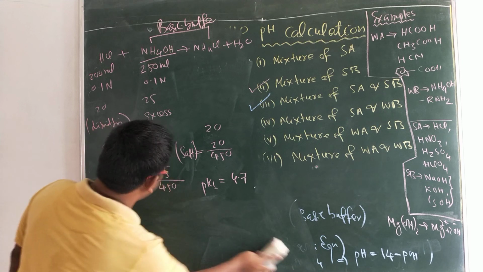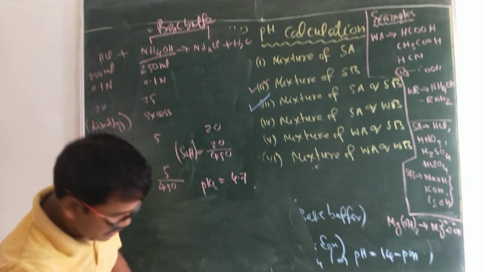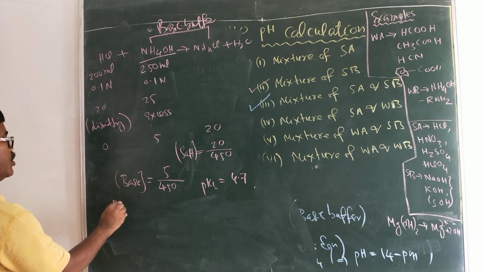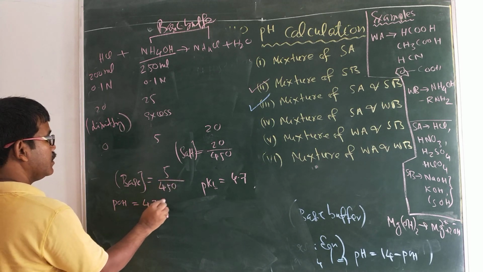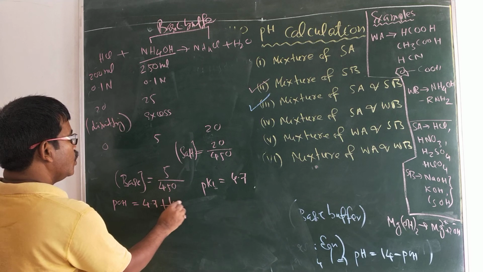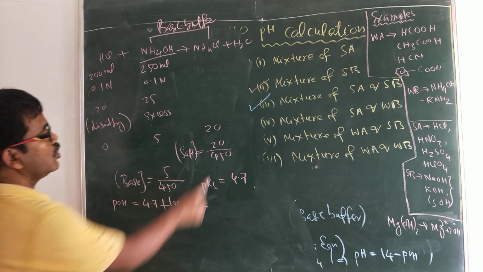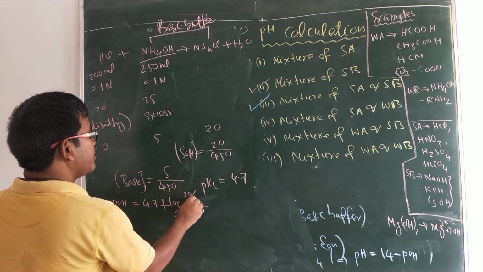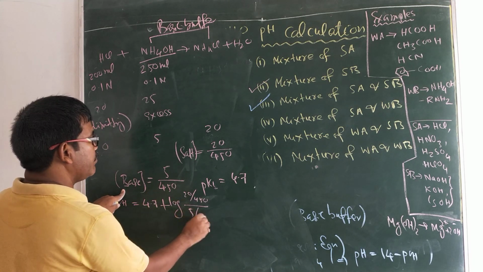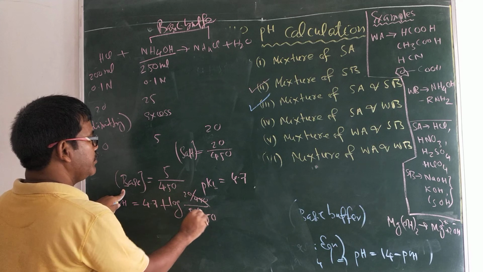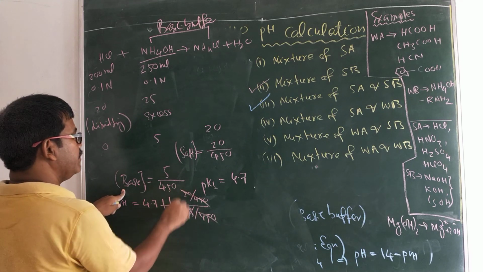First, we need to calculate the pOH by using the Henderson equation. pOH will be pKb, which means 4.7, plus log of salt concentration. Salt is 20 by 450, divided by base concentration, 5 by 450. Therefore, 450 cancels. 20 by 5, that is 4.